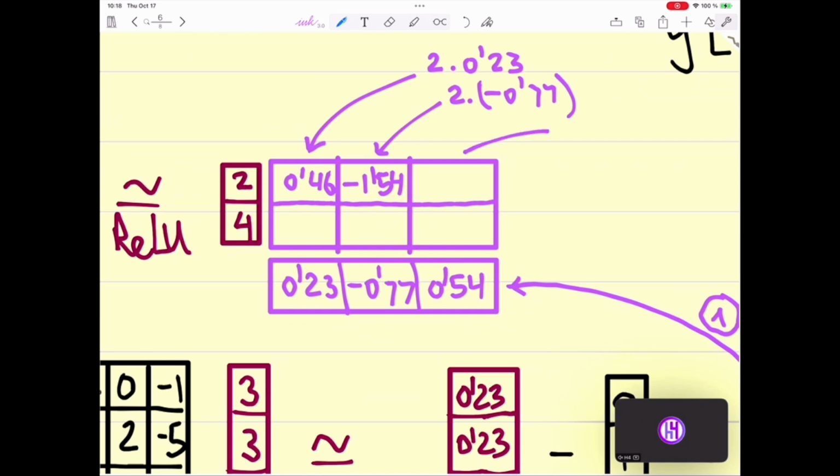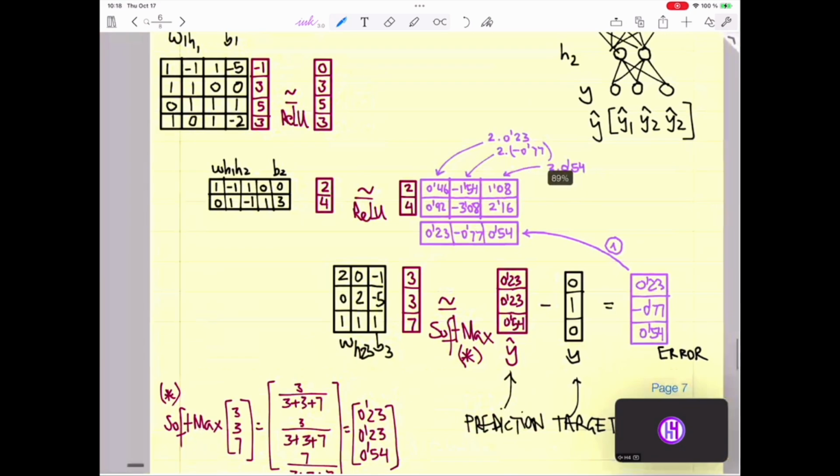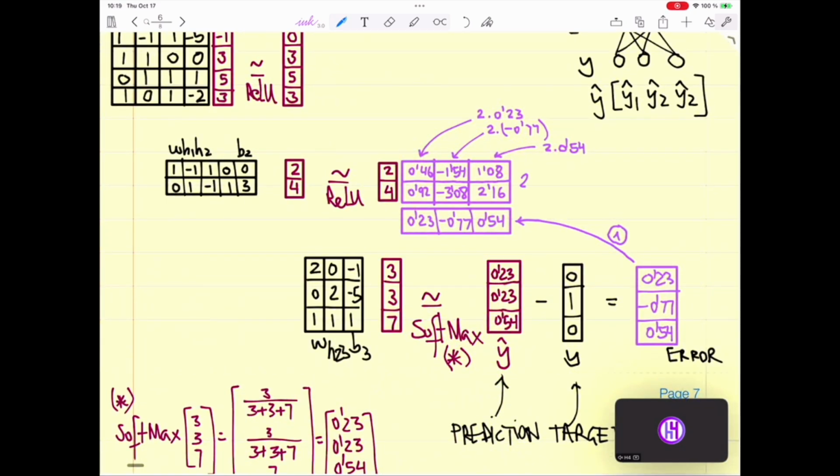And the next number is going to be 2 times 0.54, so 1.08. And so on: 0.92, minus 3.08 and 2.16. All right? So that's the second step, the dot product.